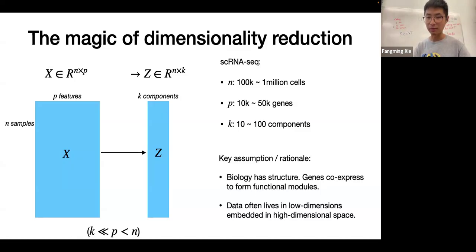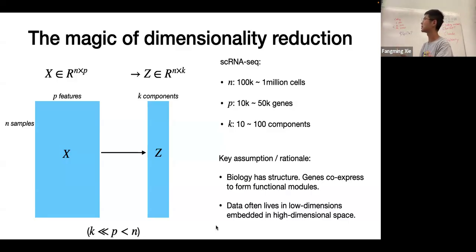Why can we do this data reduction though? Why is that meaningful? That's because of two assumptions, maybe the same assumption expressed in different languages. One is that biology always has structure. That means that your table is not random.